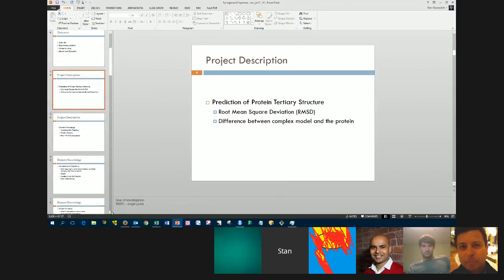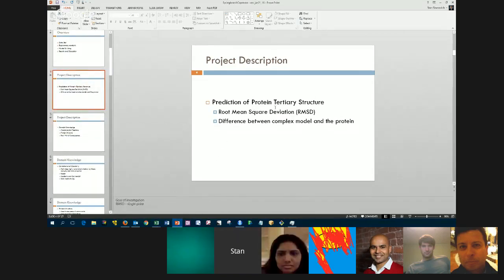Okay. Project description. What we're going to do here is predict a protein tertiary structure. What we're going to use is the Root Mean Square Deviation, or RMSD. And what this is basically is a measure of the distance between equivalent atoms of a very complex model of our protein and the actual protein itself.